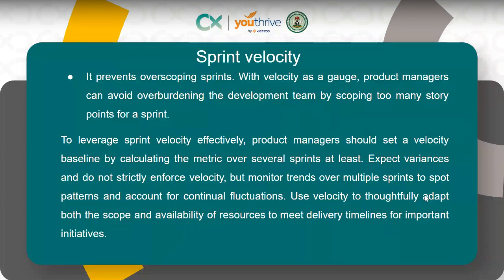Such that the number of story points that can be completed within a sprint, all right. So you already have an estimated story point. Let's say you already estimate that in a sprint, per user, at least 12 story points should be completed, an average of 12 story points per developer.